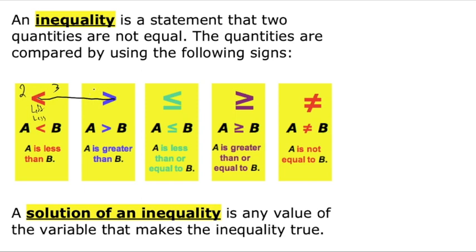And the same with over here. If I said 5 and 3, 5 is to the right of 3 on a number line, so this is the greater than sign. So 5 is greater than 3. We also have less than or equal to, or greater than or equal to.